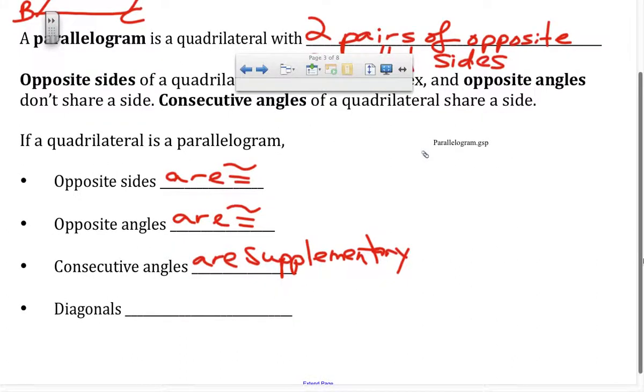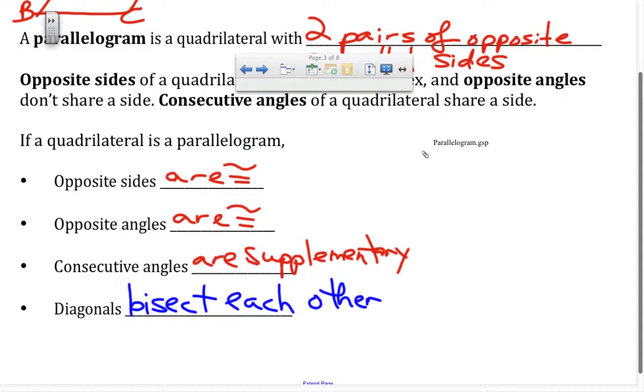And what we couldn't observe in that parallelogram, because I didn't draw the diagonals, is that the diagonals bisect each other. And again, in the interest of making sure that we're all talking the same language, diagonals bisect each other.